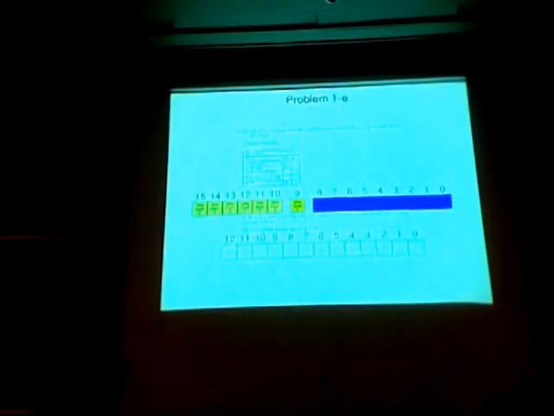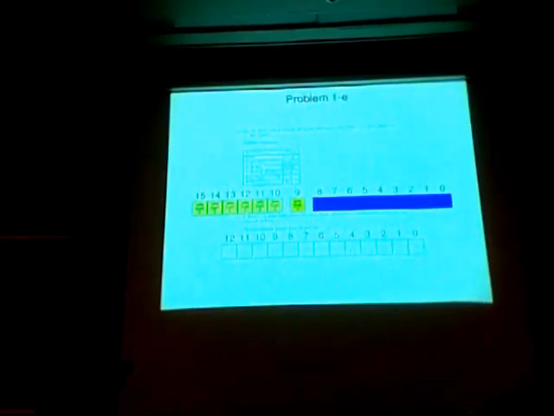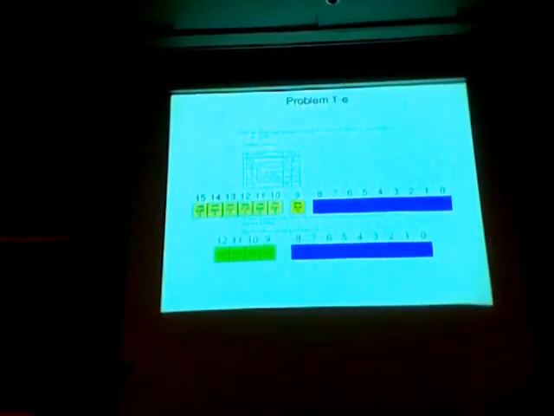Okay, 1E. Now we're kind of back to the physical addresses again. And the question is, if there's a page fault, leave this part blank. Well, we know there's not a page fault, so we're going to fill it out. Otherwise, indicate the format of the physical address.